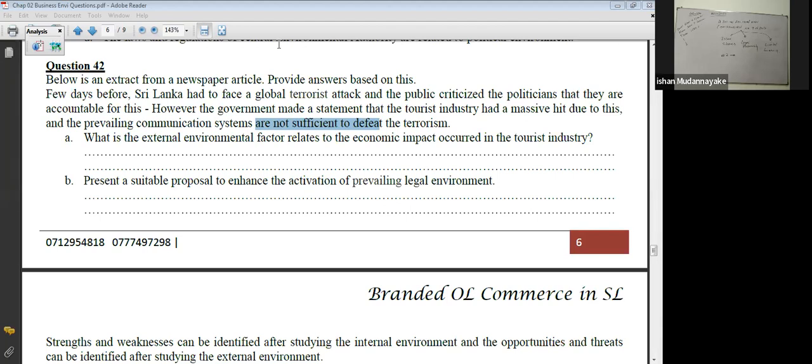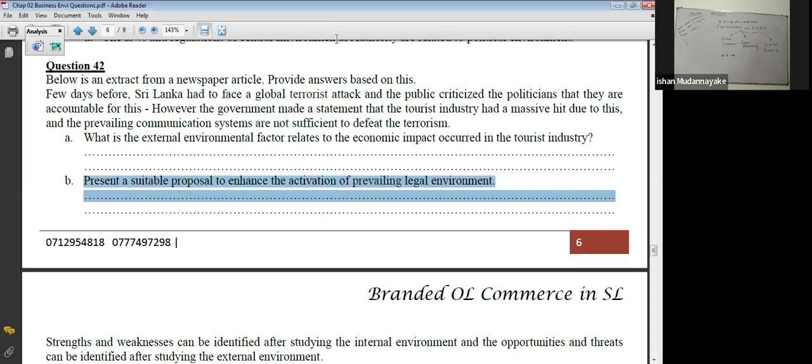Okay, please write the answer for the question. For part B, we'll write it down as improving communication system to identify terrorist attacks.